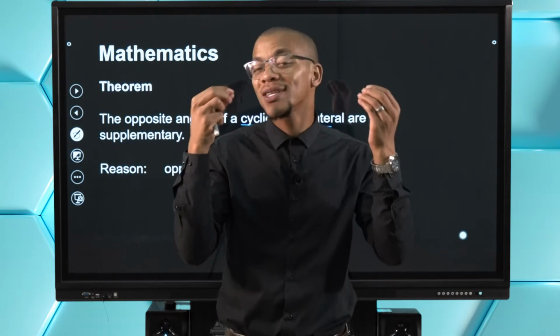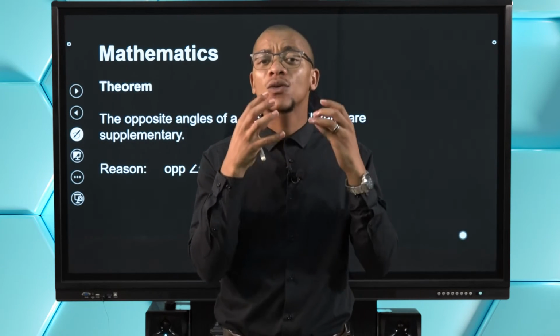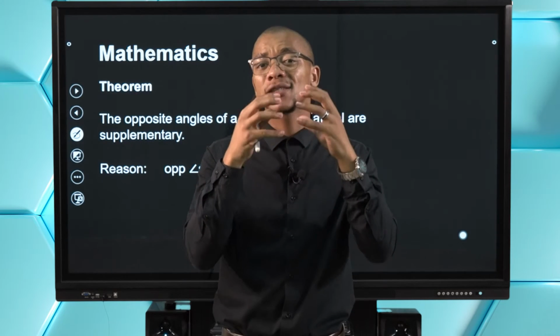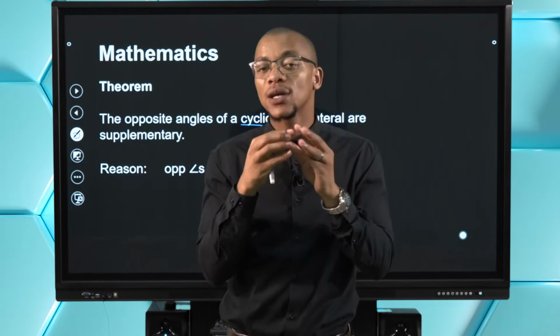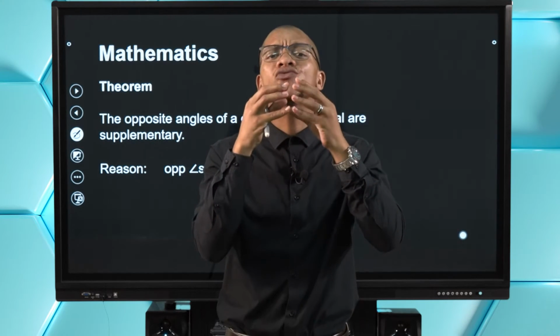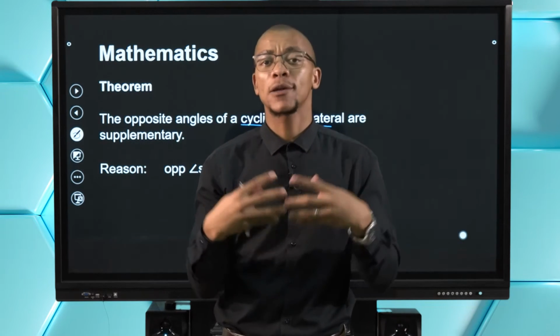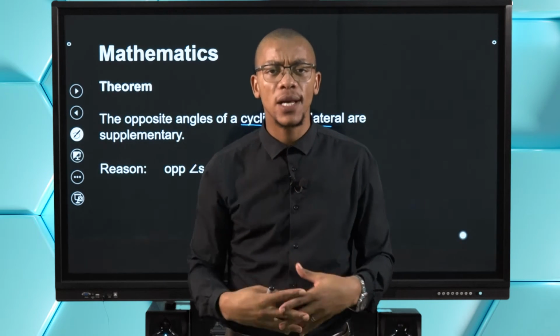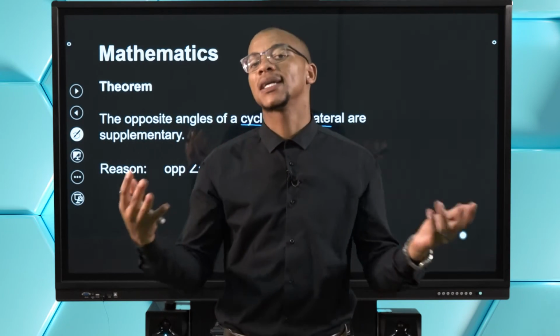No, that's not the fact, right? The fact is your cyclic quadrilateral, yes, its description and its definition is that it's when the 4 points are concyclic, but that's not really what makes it to be a cyclic quadrilateral. What makes it to be a cyclic quadrilateral will then be the properties of it being a cyclic quad.